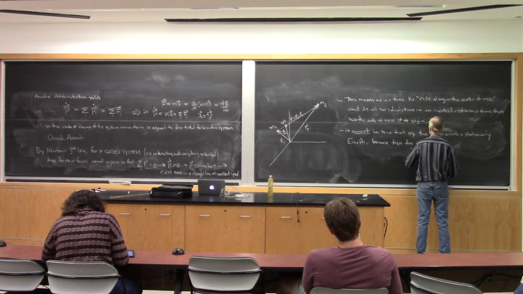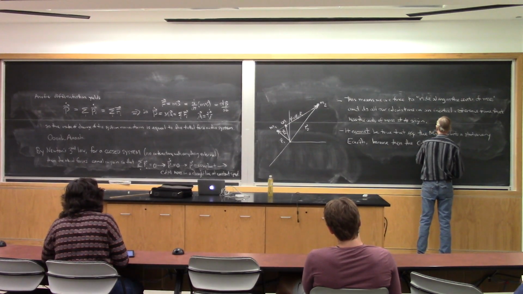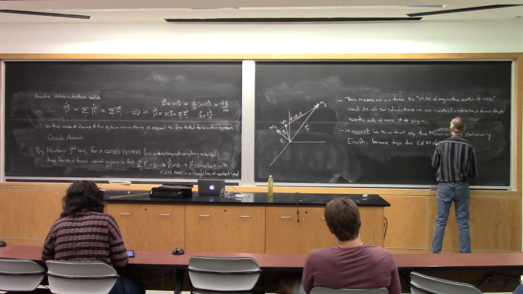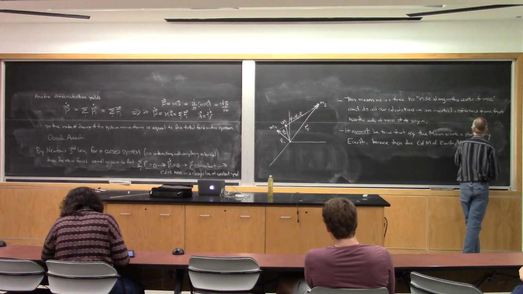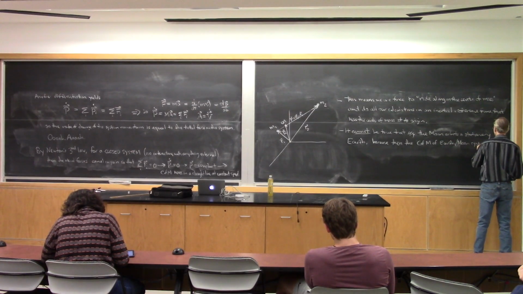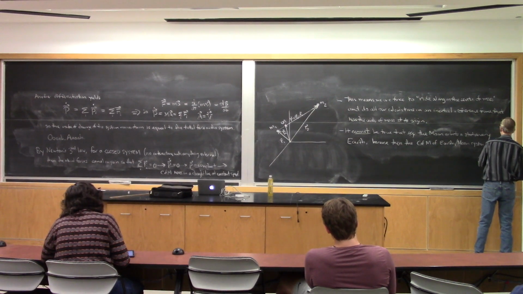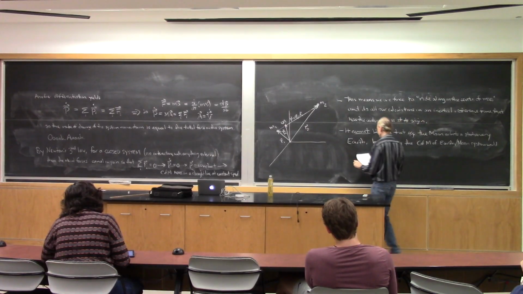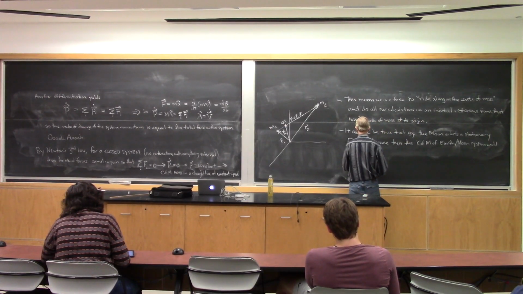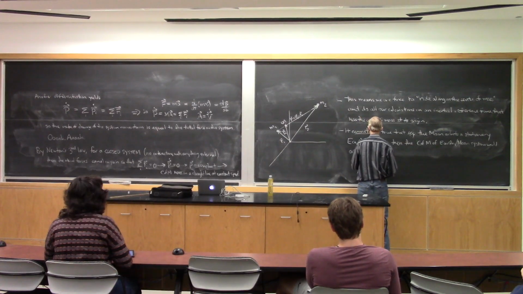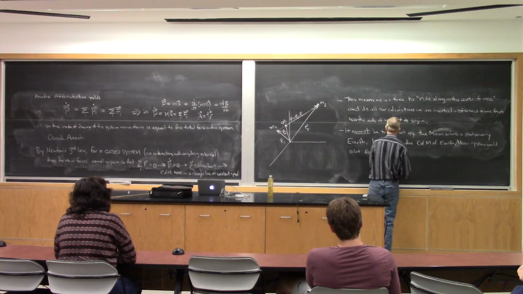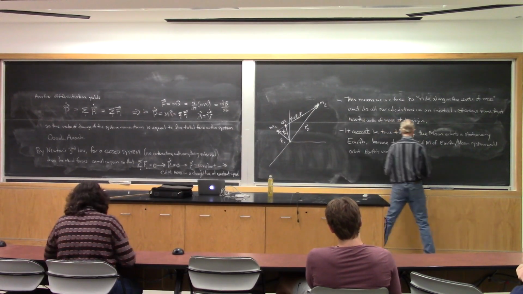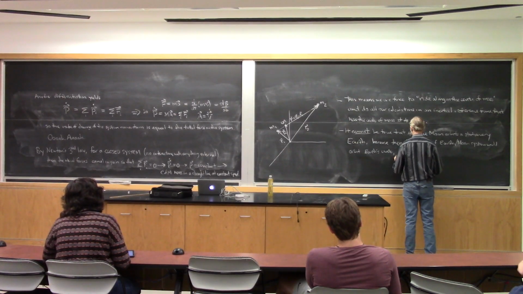Then the C of M of the Earth-Moon system would orbit Earth's center, which is accelerated motion.